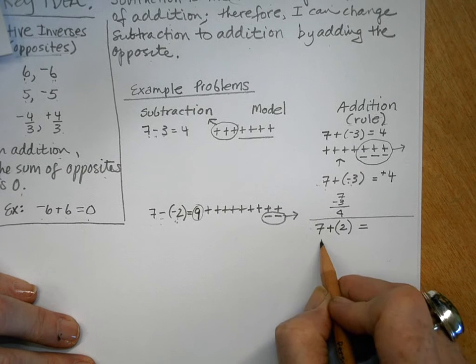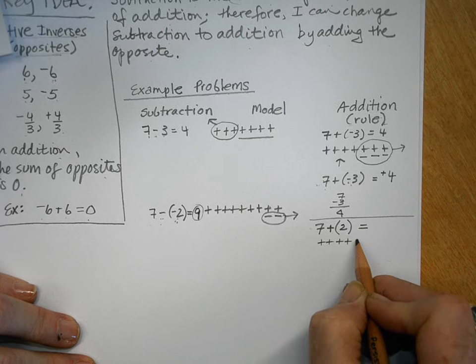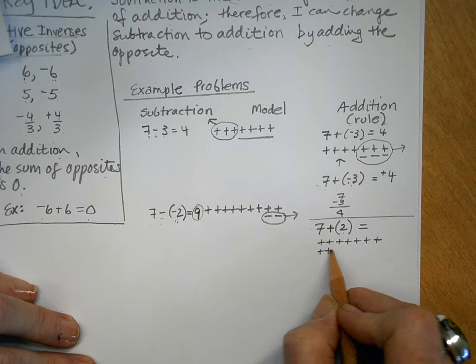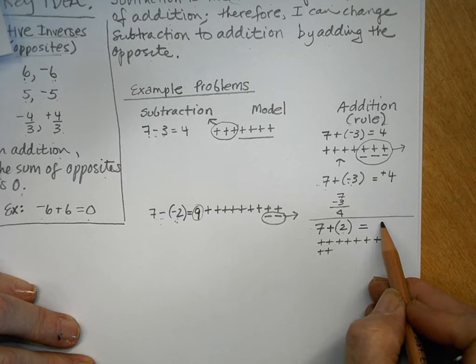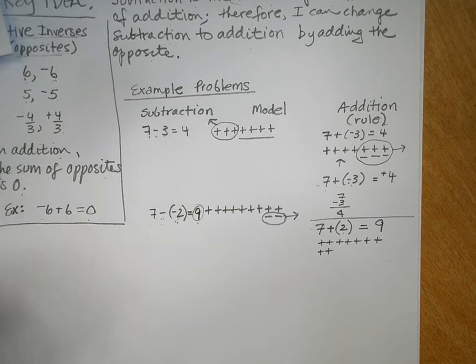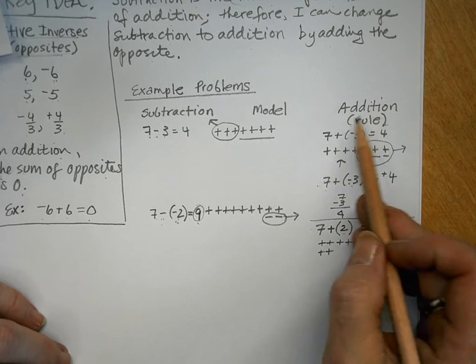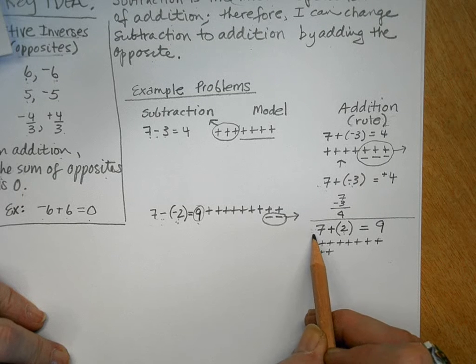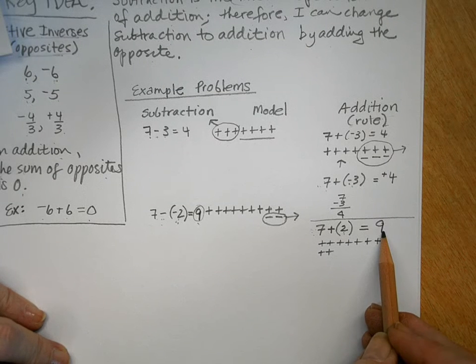I could model that. 1, 2, 3, 4, 5, 6, 7, +2, 1, 2. What do I have? I have +9, which is, you'll notice, the same answer. I could use my addition rule, which is same signs, they're both positive. So I add them, same sign in the answer.